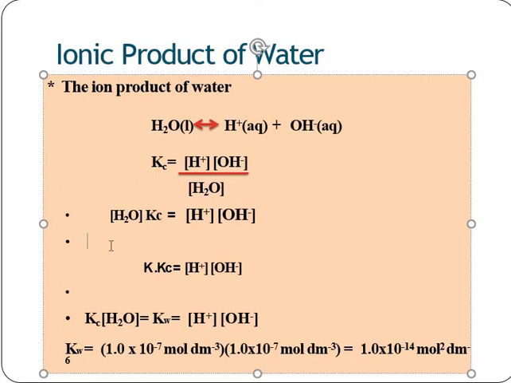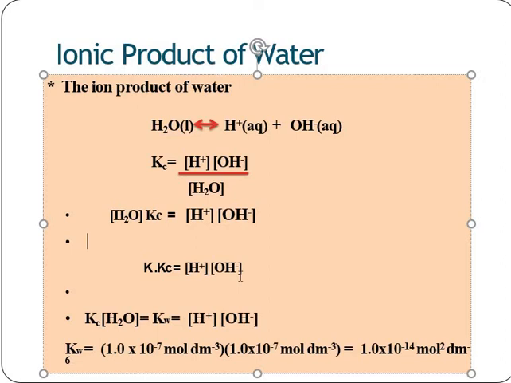So the concentration of H2O will remain constant and we can substitute the concentration of H2O by K, and K into Kc is equal to the concentration of H plus ions and the concentration of OH minus ions.